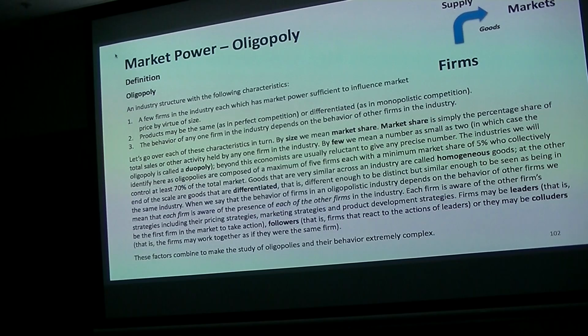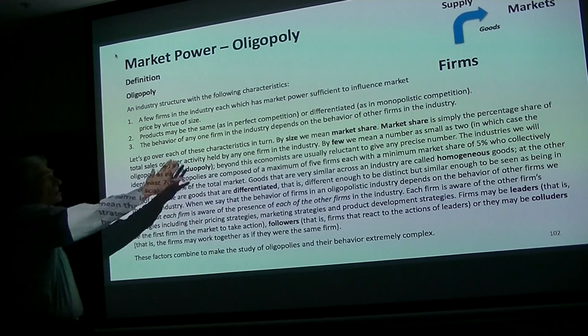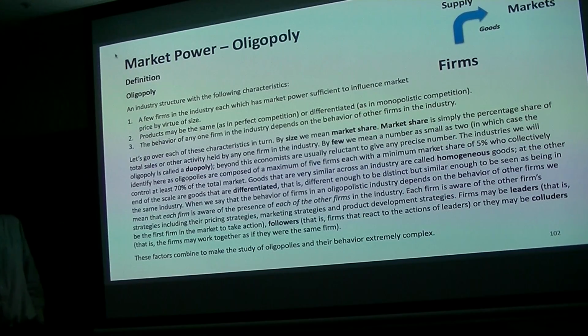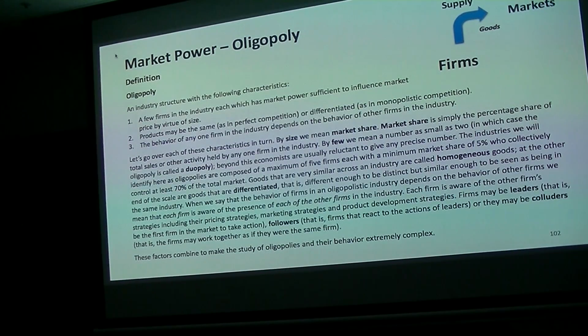So now we're going to discuss very specifically what we mean by the characteristics that we're talking about. When we're talking about size, what we mean is market share. Market share is simply the percentage share of total sales or other activity held by any one firm in the industry.